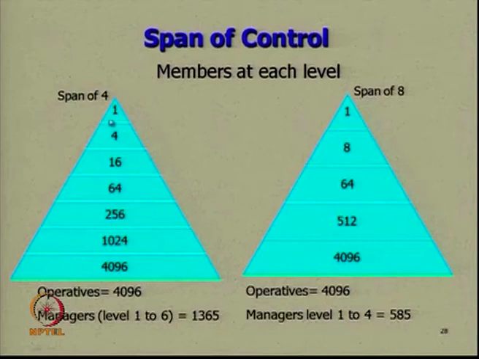In one case, the pyramid has a span of 4, in another case it has a span of 8. What is the purpose of bringing it into study of organization structures? In one case you will have 6 levels, in another case you will have 4 levels. Study the diagram carefully to understand this exercise.